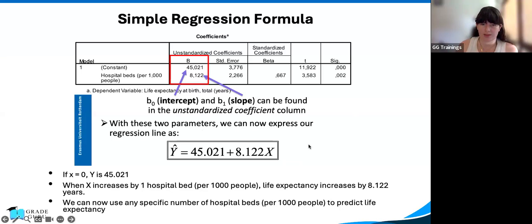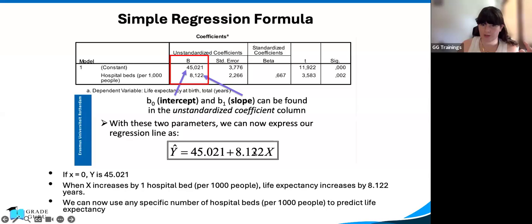Now, if we talk about the meaning of the B0 and the B1, the B0 is 45.021. That means that the regression line cuts the y-axis at 45.021. So when x is equal to 0, the value of y is 45.021.